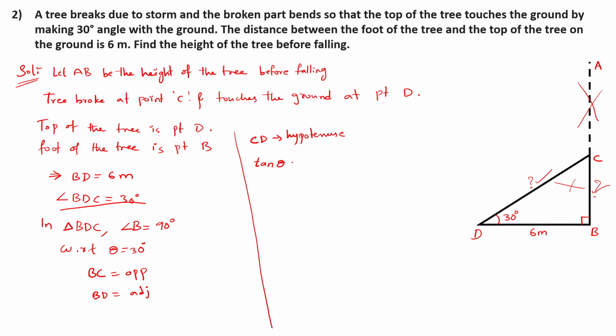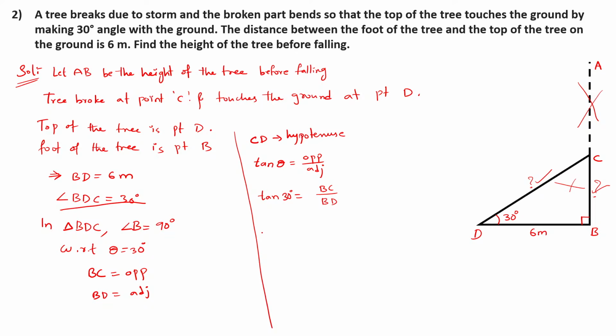So tan theta is equal to opposite side by adjacent side. Now substituting the values, tan theta is equal to opposite side BC by adjacent side BD, and tan theta value we have tan 30 degrees.